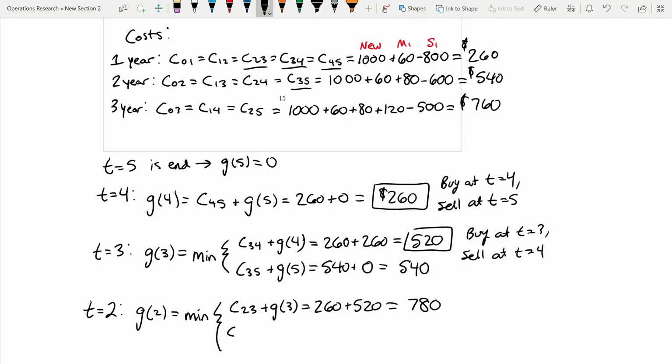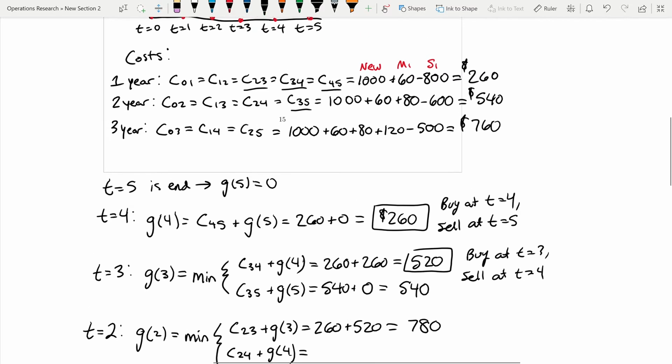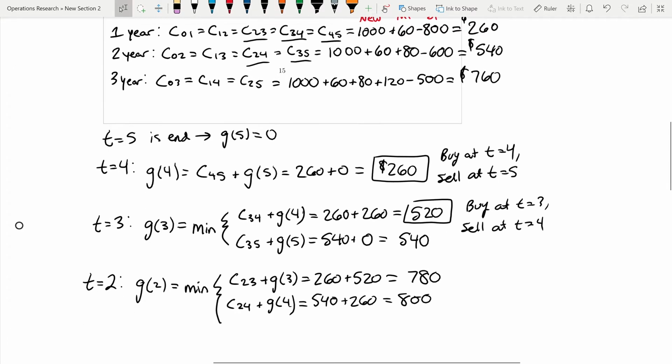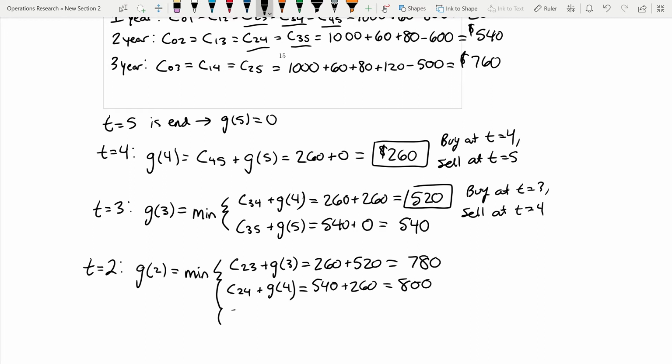We can also go from year 2 to year 4, and then we have to add on our G4. From 2 to 4 here is 540, plus our G4 is 260, which is going to give us a value of 800. Or we can go from year 2 all the way to year 5 and add on that G5 value.